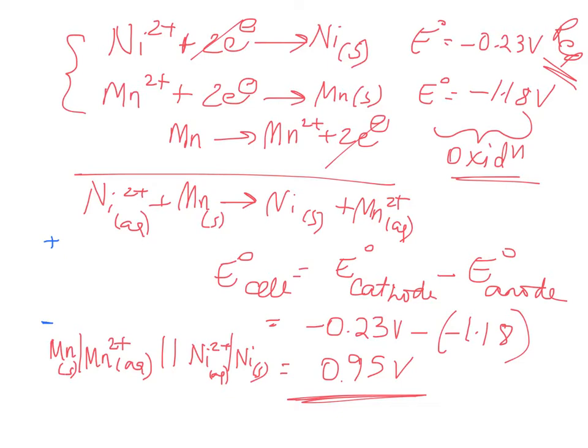Anytime we have a positive electrode potential, it will have a tendency to attract electrons and hence undergo a reduction reaction. On the other hand, more negative values mean that they are going to repel electrons and therefore tend to occur in the reverse direction. So in other words, an oxidation reaction is going to take place.